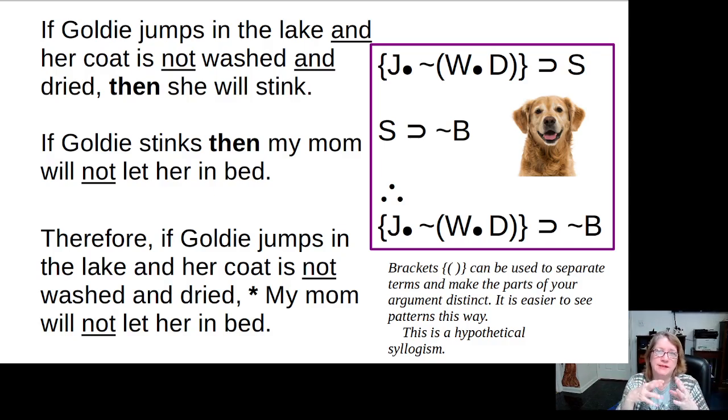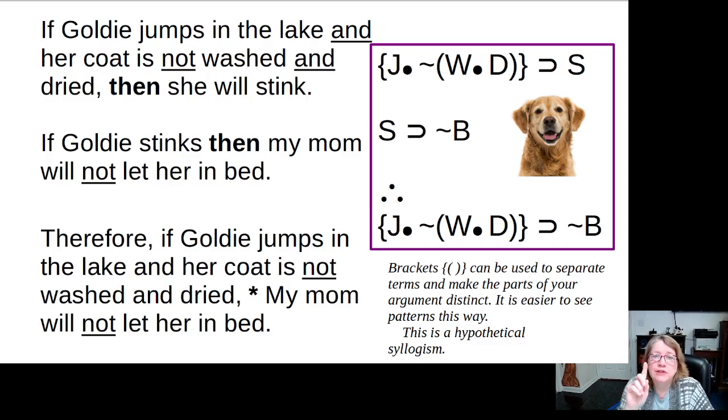Those both have to be done for her to be allowed to get in mom's bed. So I put the washed and dried in a parenthesis showing they go together, with the not symbol in front of it. So if she's not both washed and dried, and sometimes the parentheses will stand for both, okay?